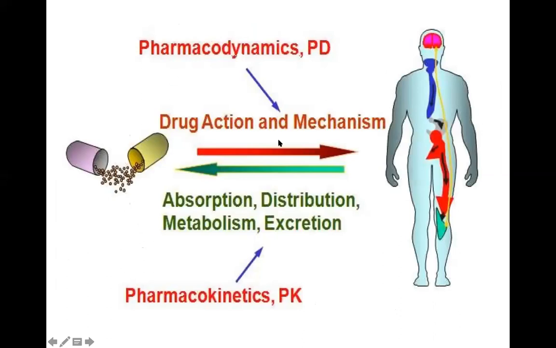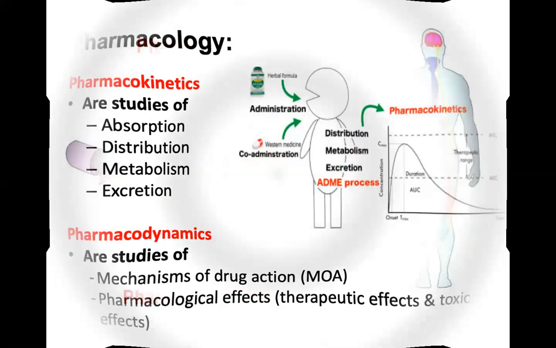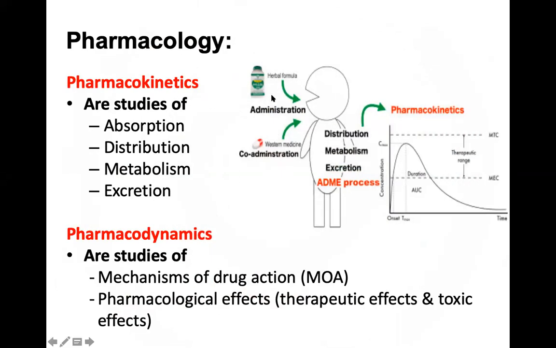Pharmacodynamics deals with the action and mechanism of the effect of the drug. Pharmacokinetics deals with absorption, distribution, metabolism, and excretion. When we take a drug orally, what will happen in the body? The drug will undergo absorption, distribution, metabolism, and excretion.